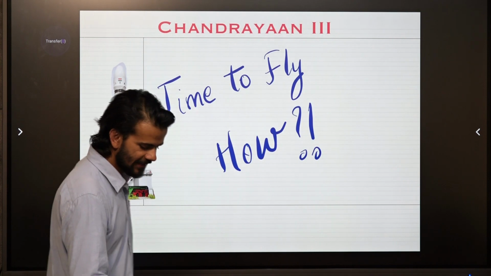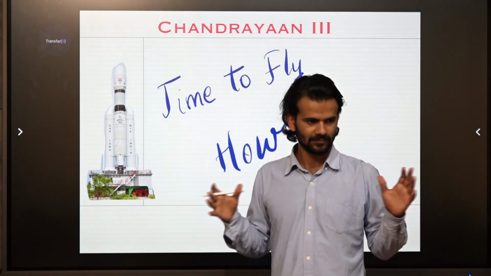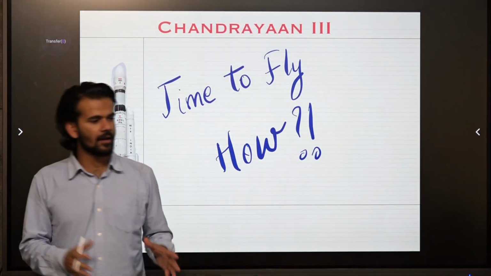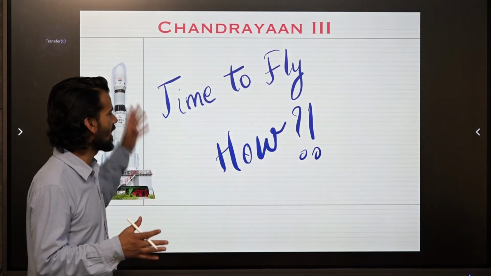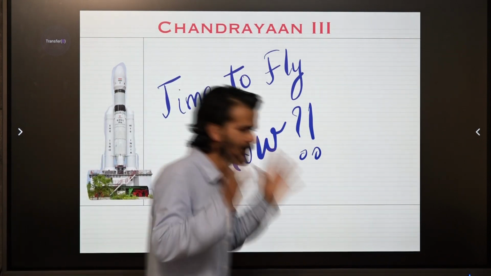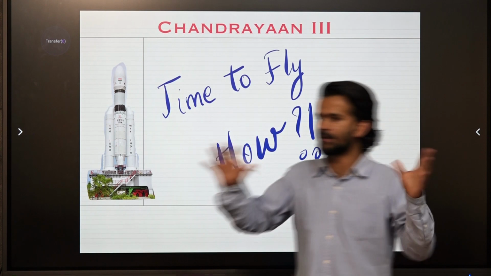So the next part of the Chandrayaan 3 discussion is going to be to learn how Chandrayaan is flying. Right now Chandrayaan is flying. So, time to fly. How? We cannot just shoot off the rocket anywhere, anytime, in whatever direction we feel like.